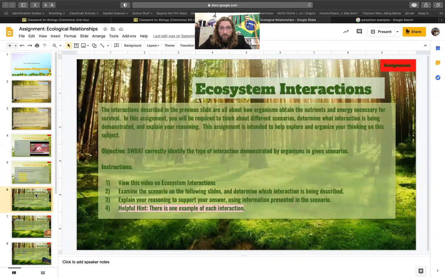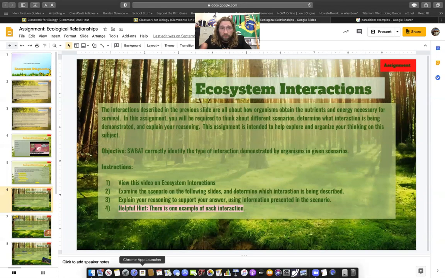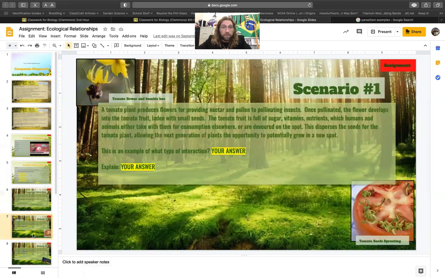Then I try to test your knowledge in the following slides. When we get to the next portion, here is the information that you need. But then as you go down, I have the scenarios for you to read. I'm asking you to consider the relationship between the tomato plant and the pollinating insects, and the tomato plant and the humans which take the tomato fruit and eat it, right?